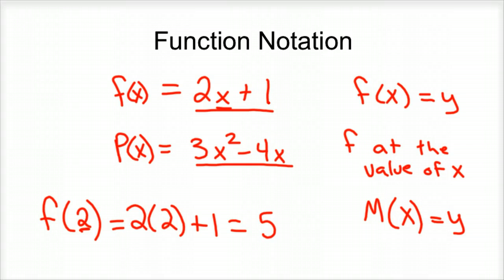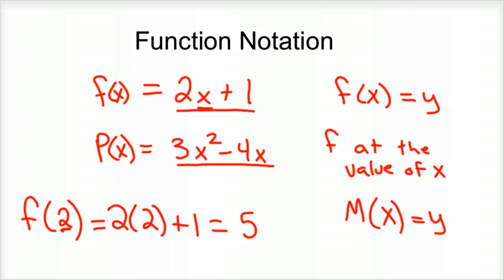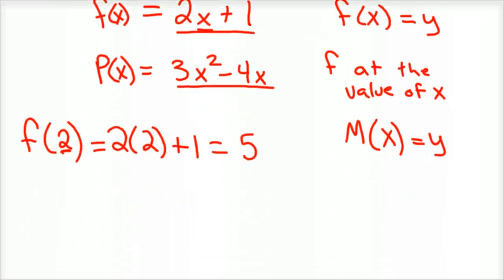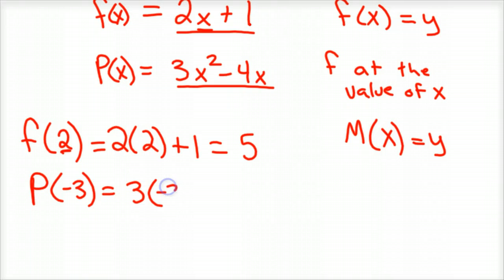You could also then ask for maybe p at negative 3. And so that would be 3 times negative 3 squared minus 4 times negative 3. And that's just a matter of this is telling you what to plug in to the p rule.